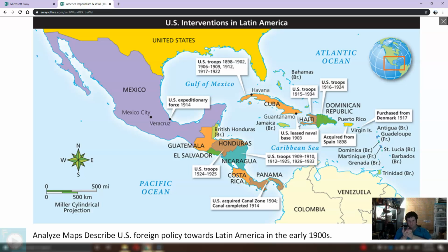So, students in my class, I'd like for you to know the difference between big stick, dollar, and moral diplomacy. I recommend looking at the key terms, maybe looking in the textbook, and we'll do an activity that looks at the different diplomacies in class. But I want you to make sure you know the differences between them, but remember that in many cases they often produce very similar results, which is interventions in the military style.